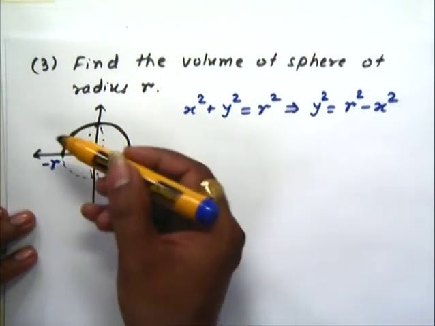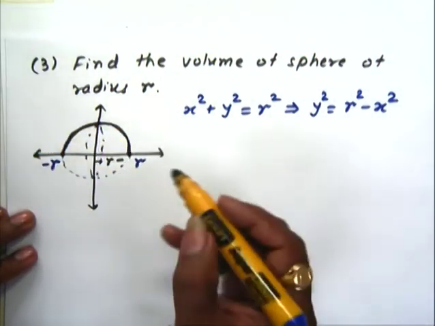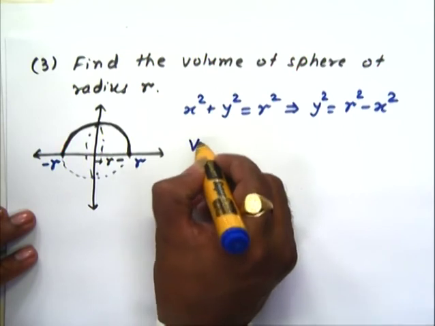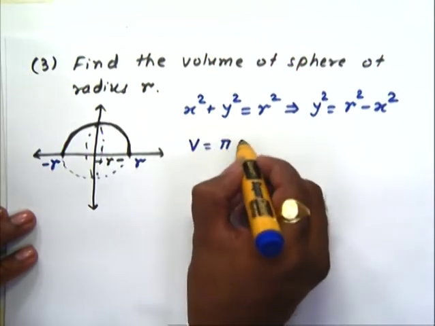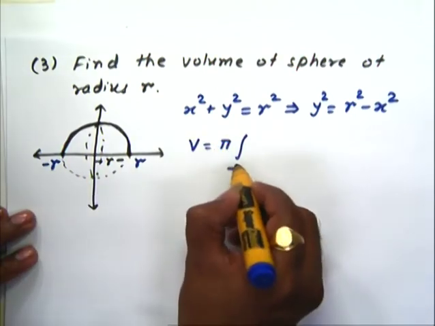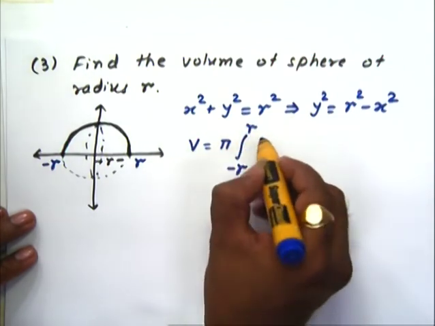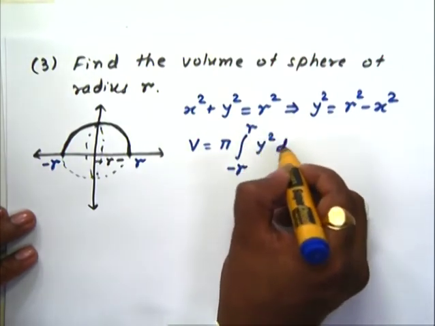Now the volume of solid of revolution, volume V equal to pi integration minus r to plus r y square dx.